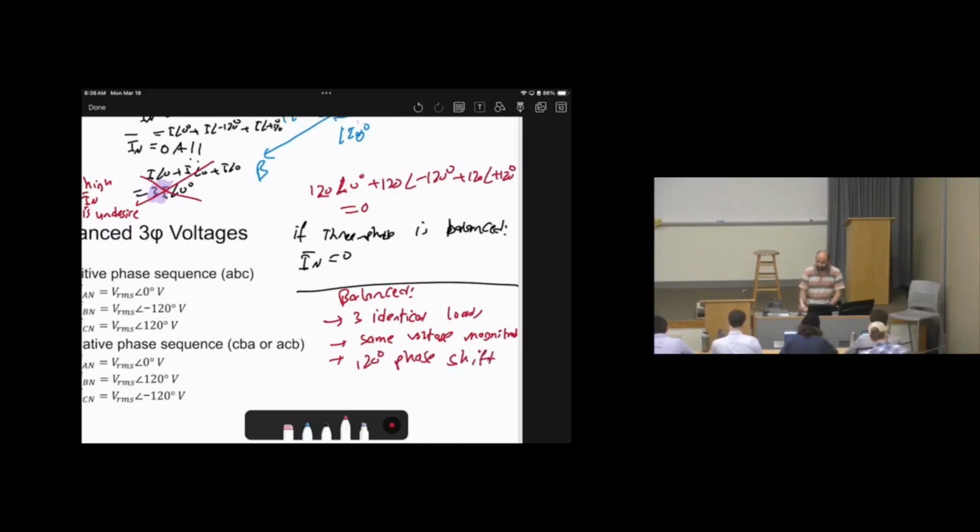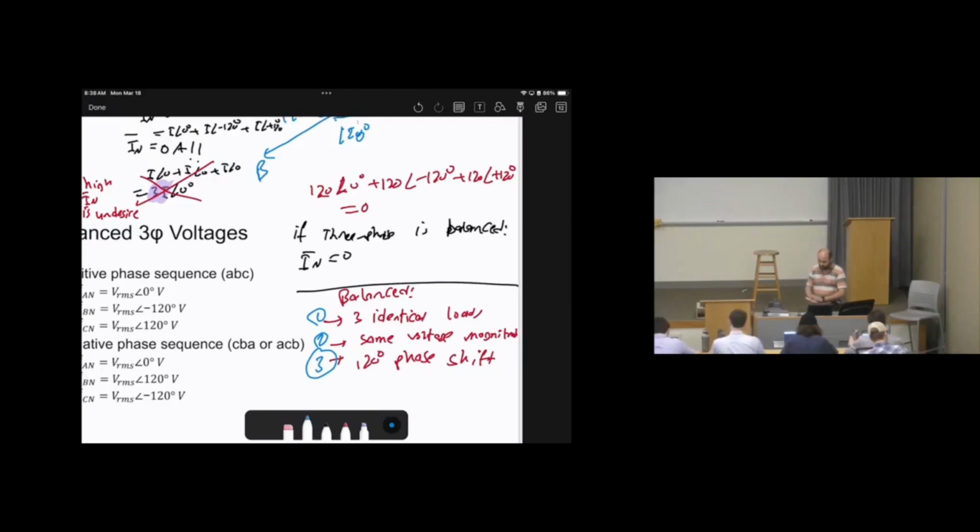These three conditions must be met. If you see any statement, is it balanced or not, then you need to check these three conditions. 1, 2, 3. Those are the balanced conditions. That's how you test whether the system is balanced or not. Okay? Does this make sense?